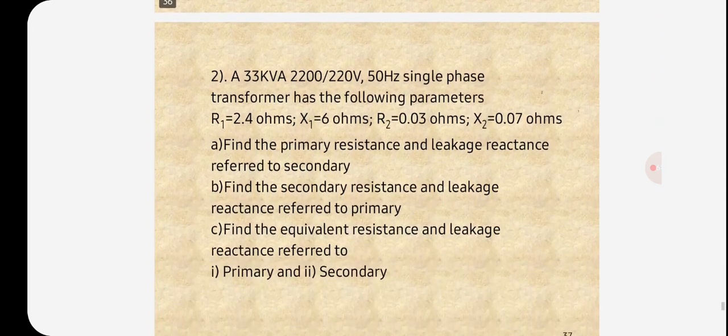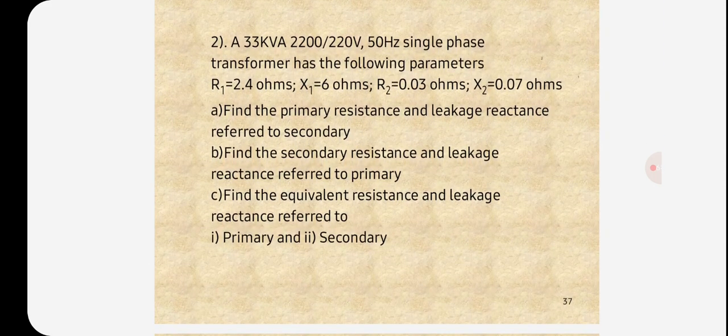And the second question: a 33 kVA, 2200 by 220 volts, 50 hertz single phase transformer has the following parameters: R1 is equal to 2.4 ohms, X1 is equal to 6 ohms, R2 is equal to 0.03 ohms, X2 is equal to 0.07 ohms.